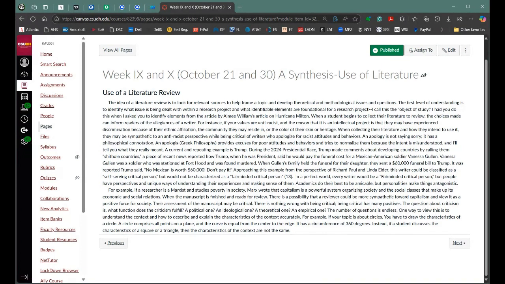During the 2024 election presidential race, Trump made comments about developing countries and calling them shithole countries. A piece of recent news reported how Trump, when he was president, said that he would pay the funeral costs for a Mexican American soldier, Vanessa Guillen, because Vanessa Guillen was a soldier who was stationed at Fort Hood and was found murdered.